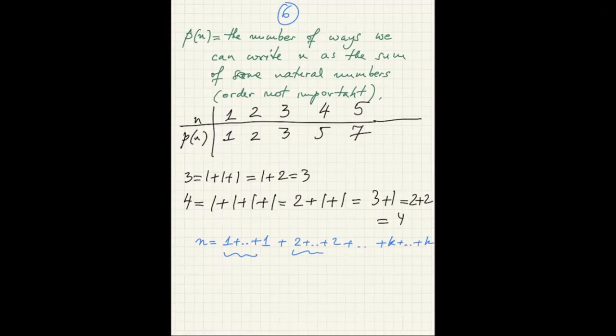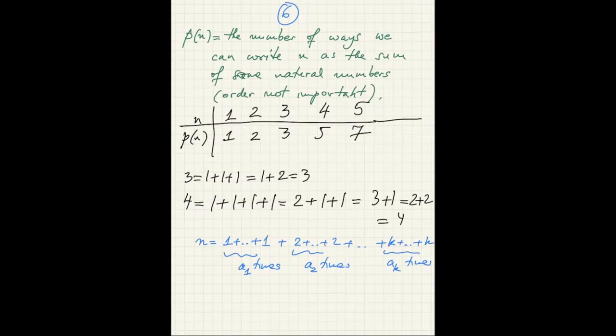So 1 is taken a1 times, 2 is taken a2 times, k is taken ak times, and so on. Any partition of n has this form.